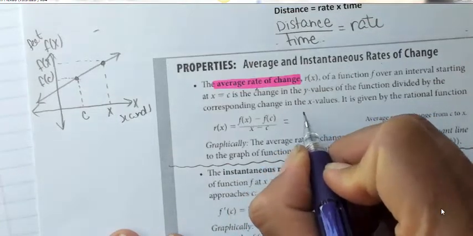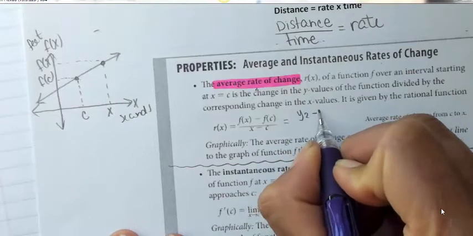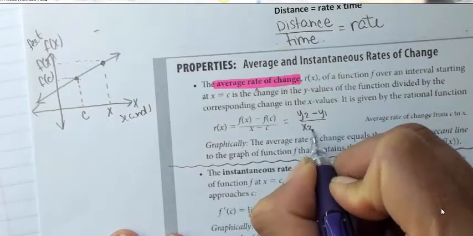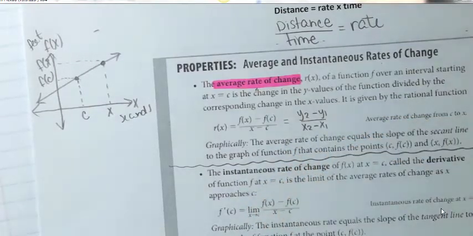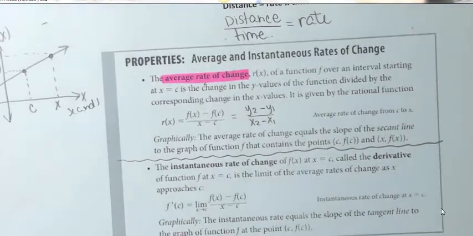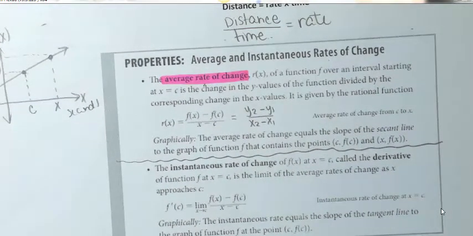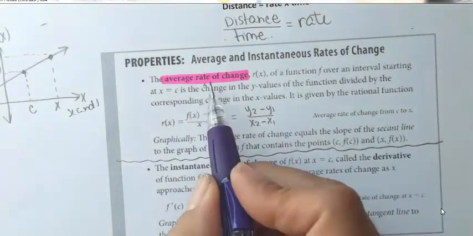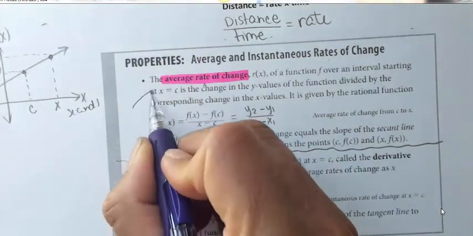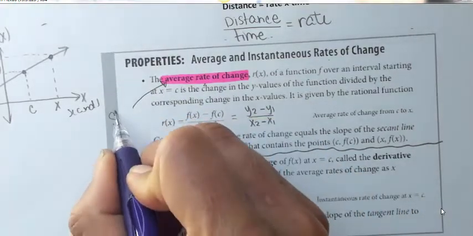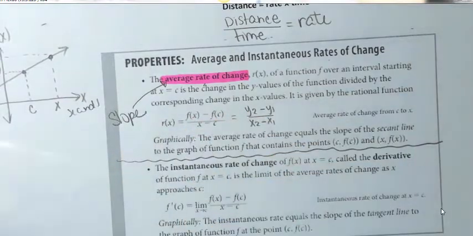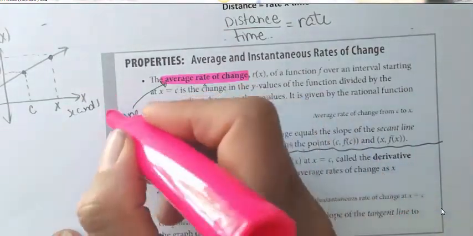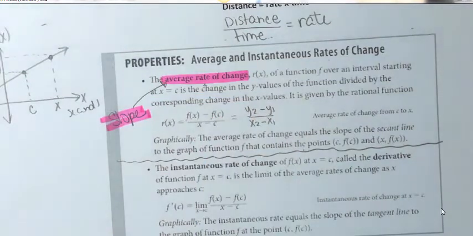So this is the same thing as y2 minus y1 over x2 minus x1. We've been doing this forever, right? Okay. So really, the average rate of change, that's the same exact thing as slope. You've been doing that for a very, very, very long time.